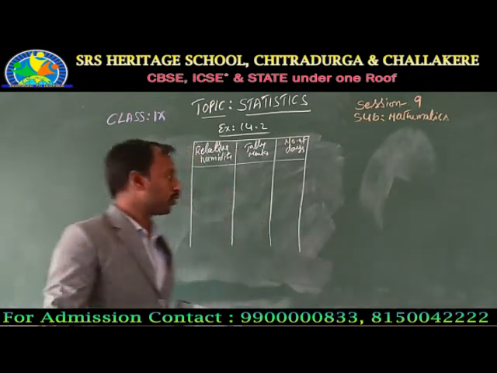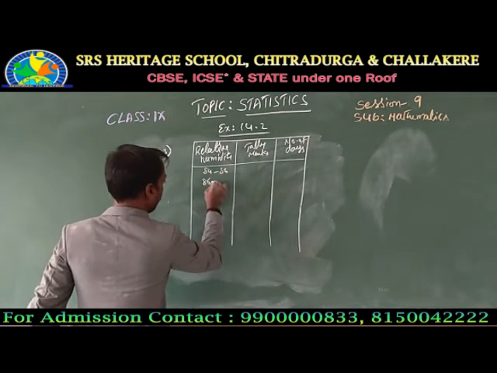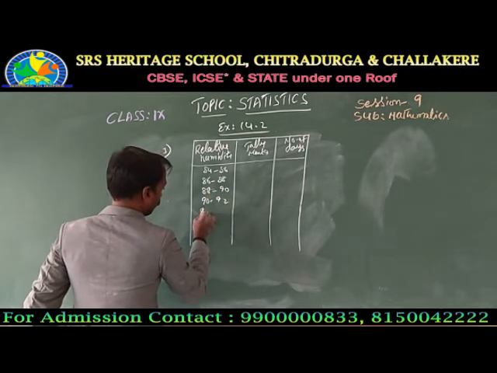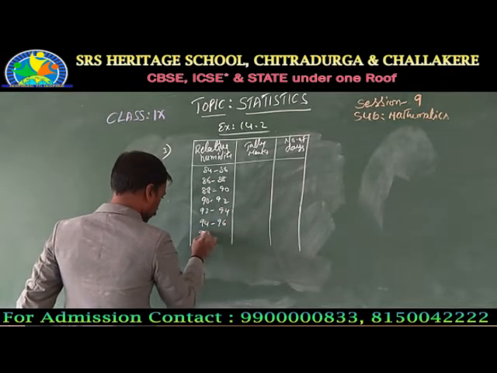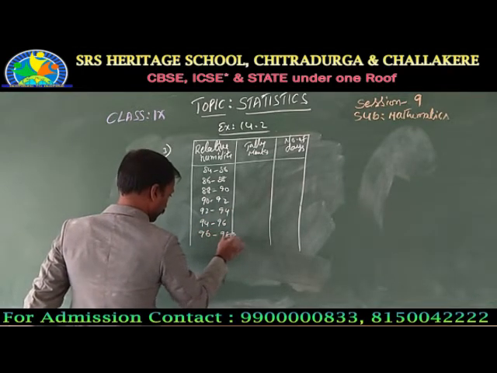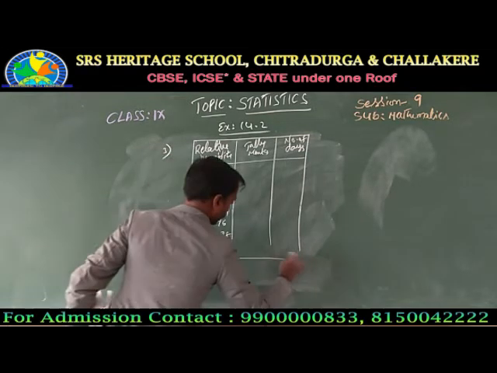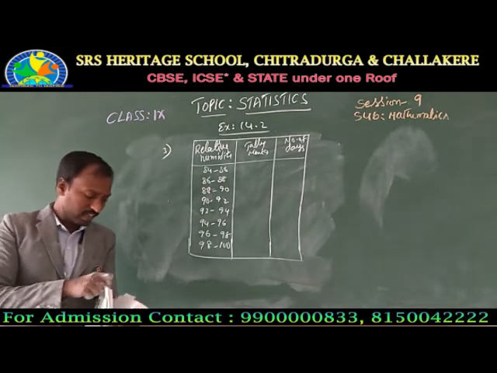So 84 to 86, 86 to 88, 88 to 90, 90 to 92. The size of the class is 2, they have given it very clearly. Now based on this I have to continue the same.